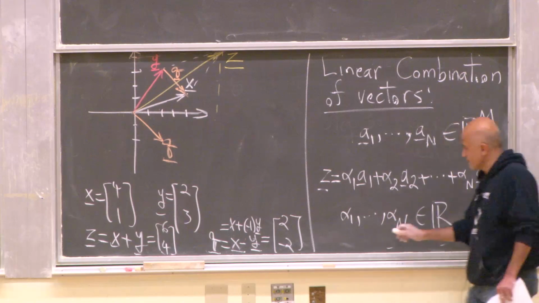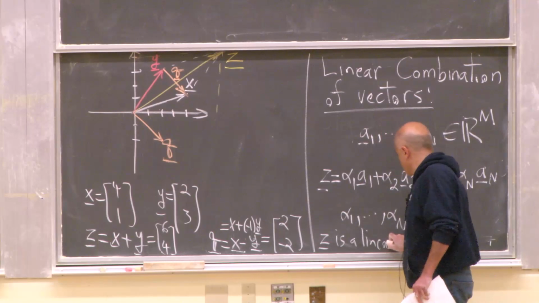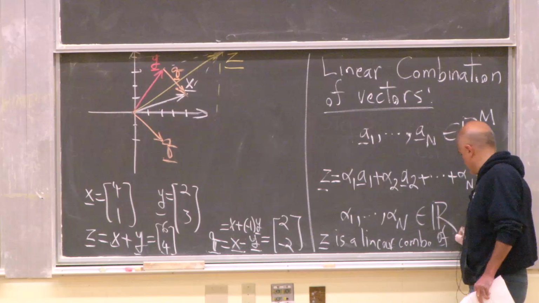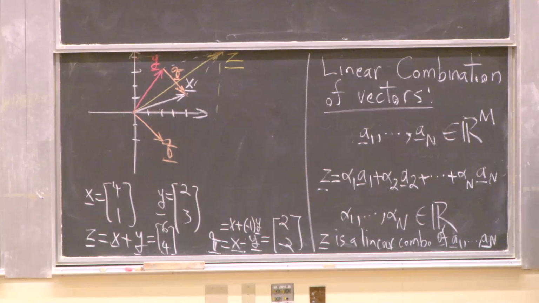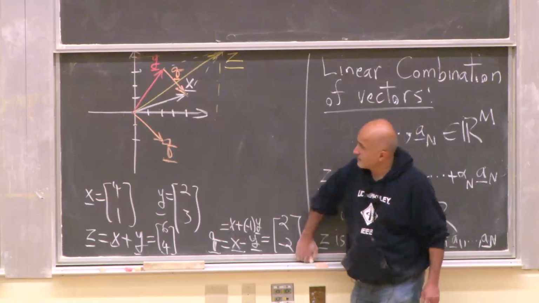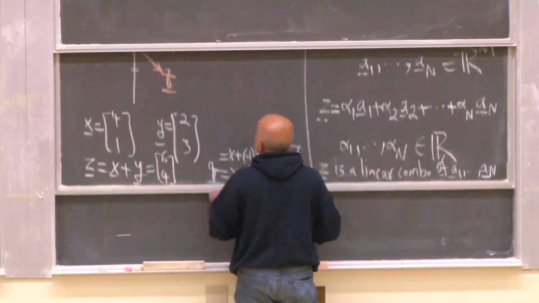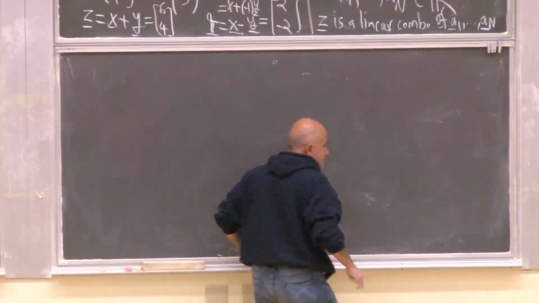This is called z is a linear combination of a1 through an. Very soon, when I talk about the notions of span of vectors, this idea will come back. So we've had vector equality, vector addition, vector subtraction, and linear combination.